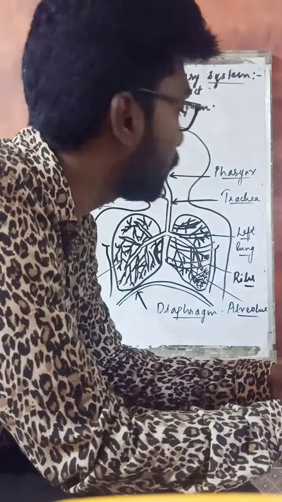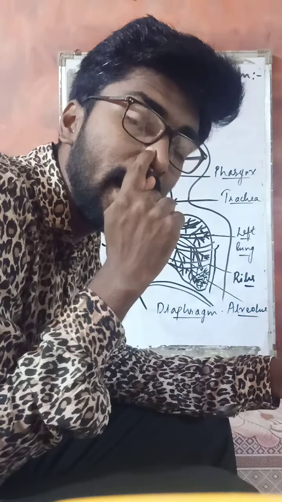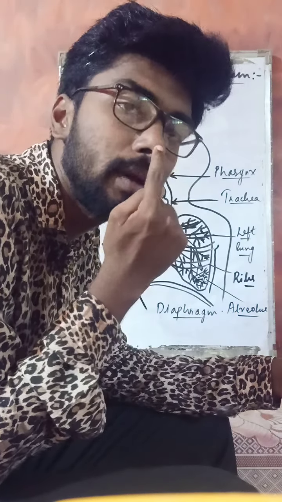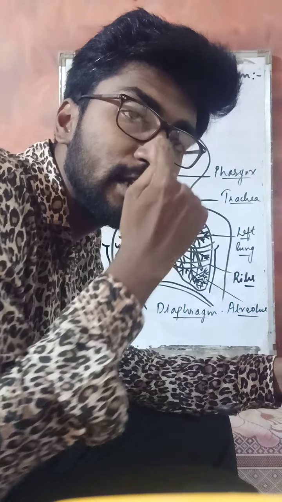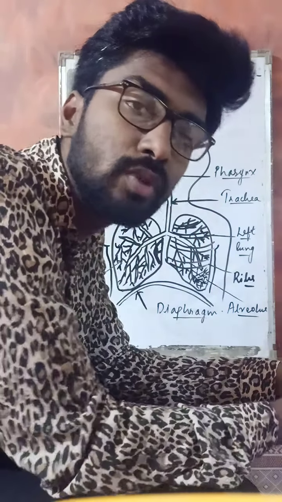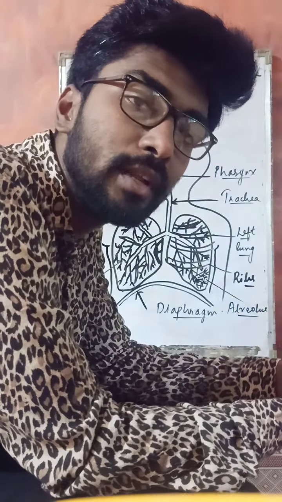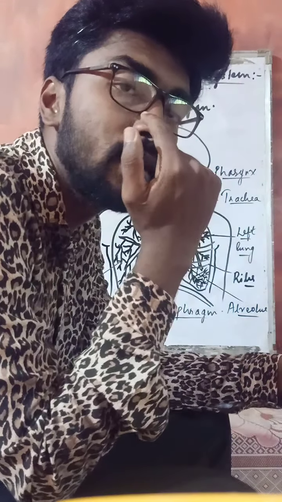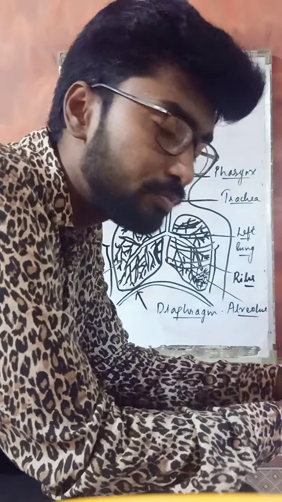Now, the nose is divided into two chambers, the right nasal chamber and the left nasal chamber. The right and left nasal chambers are divided by a cartilaginous septum, generally called the mesethmoid cartilage.